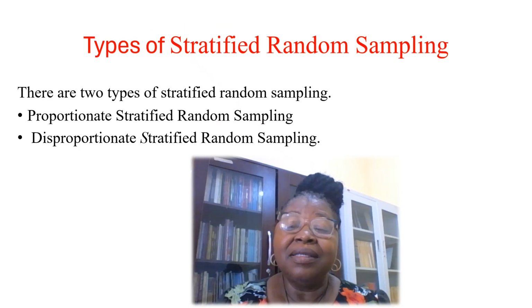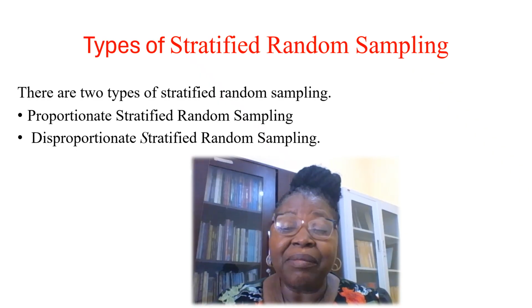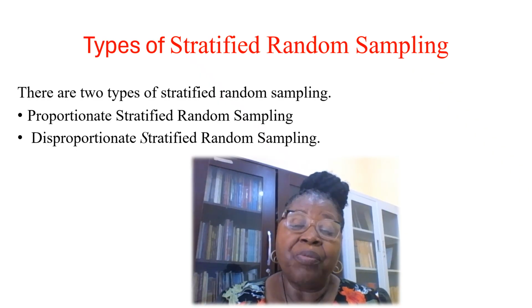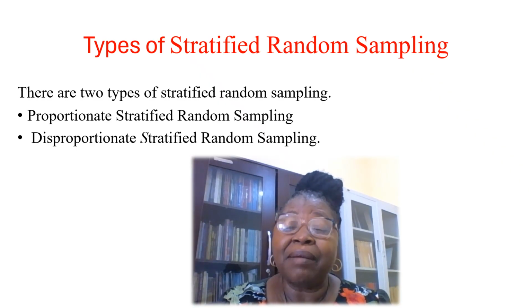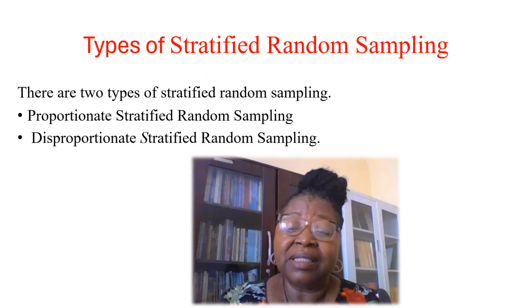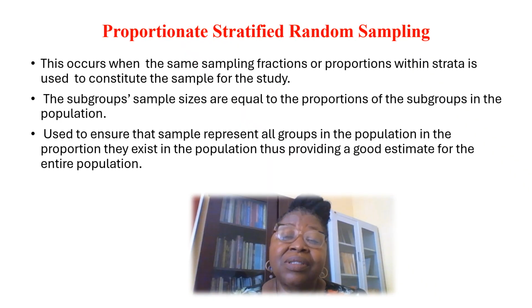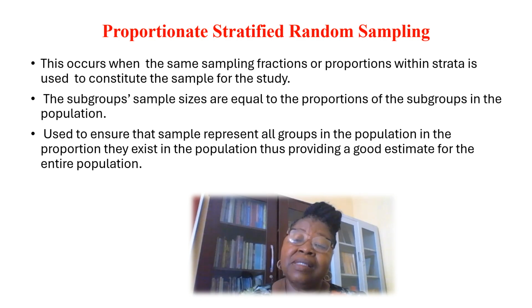Types of stratified random sampling. That's two: proportionate stratified random sampling and disproportionate stratified random sampling. So proportionate stratified random sampling. This occurs when the same sampling frame or proportion within strata is used to constitute the sample for the study.